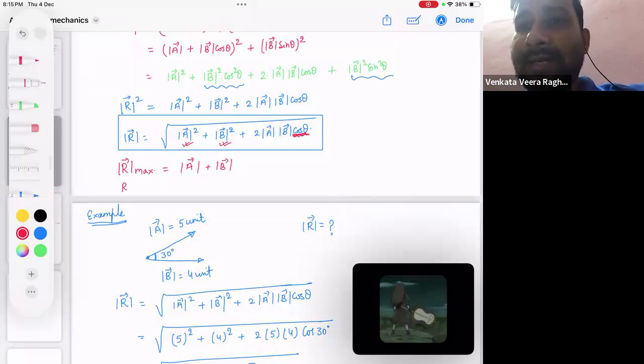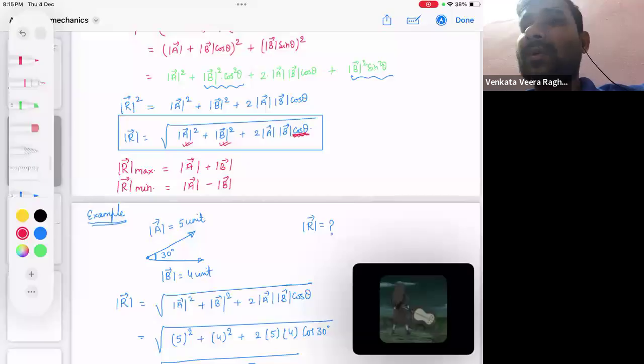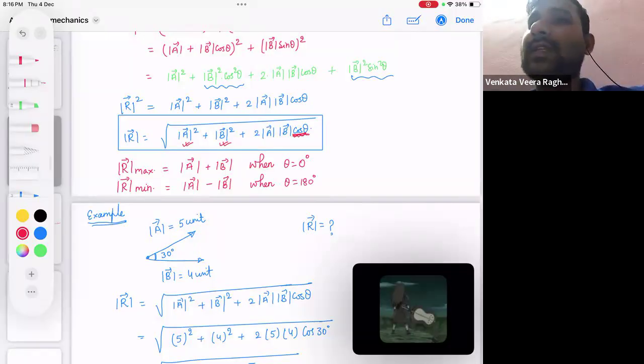Please tell me, what is going to be the resultant vector minimum value? Theta is 180. This is going to happen when theta is equal to 0 degree, and this is going to happen when theta is equal to 180 degree. Is that clear?